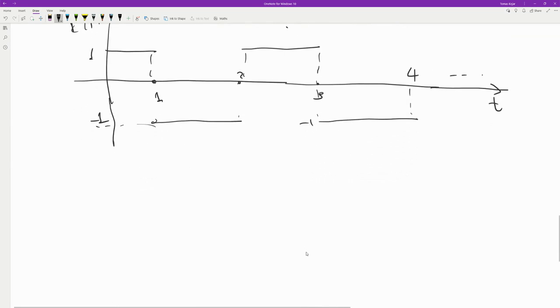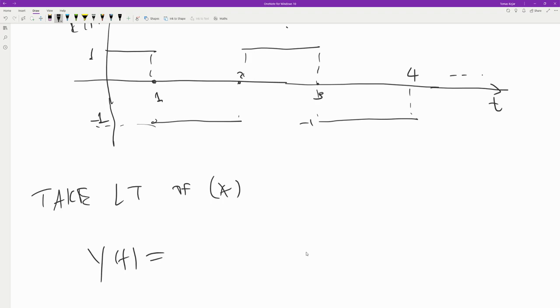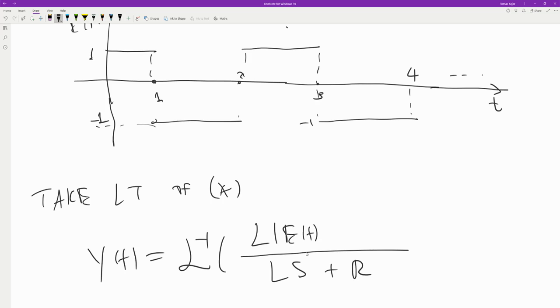So, as usual, take the Laplace transform of star, and so that will give you y of t is the Laplace inverse of 1 over Ls plus R times the Laplace transform of our signal, plus y0, which is 0.